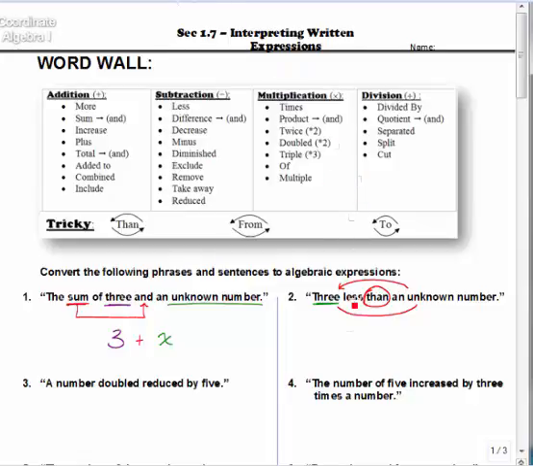So really, I think that's part of the less than that goes together. So we're going to have a minus right here for the less than. But because it said than, I got to bring the unknown number to the front, and I have to bring the 3 to the right, or to the back. So do you see how these two got flip-flopped? Because of the word than. So 3 less than an unknown number would be written as x minus 3. The unknown number had to come first. The 3 had to come second because of the word than.